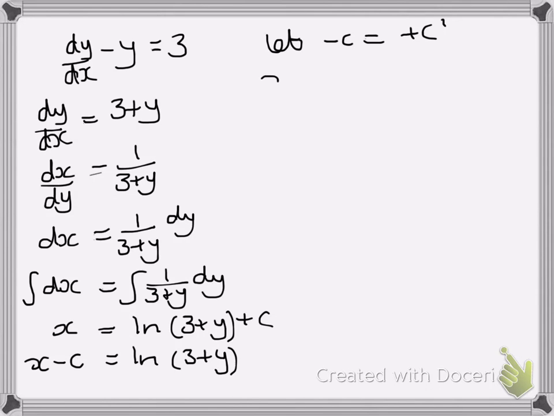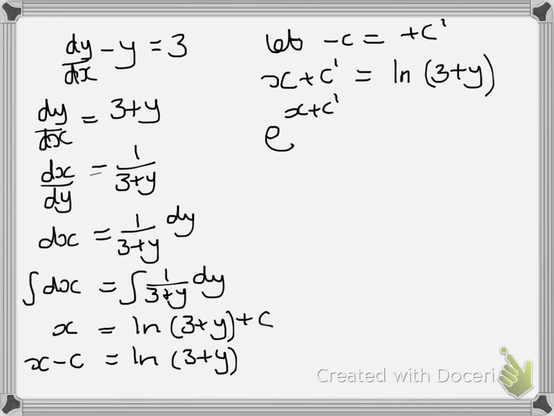So this makes the right hand side equal to x plus some c dash is equal to ln 3 plus y. So we want to work out what y is equal to. So now we can say that e to the x plus our constant is equal to 3 plus y.